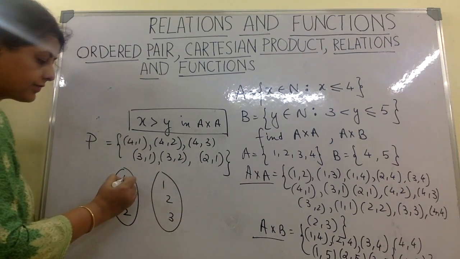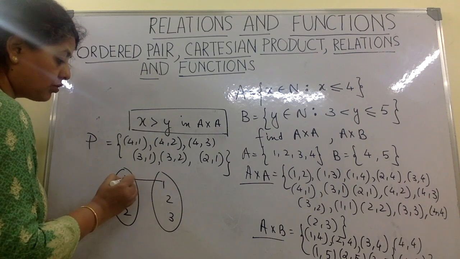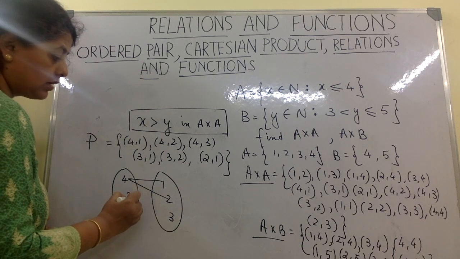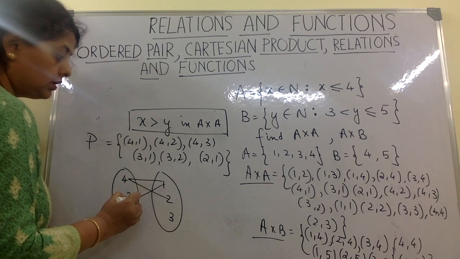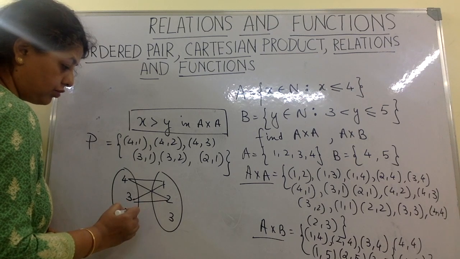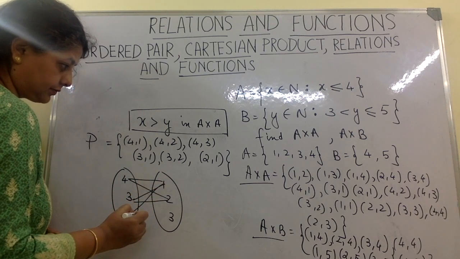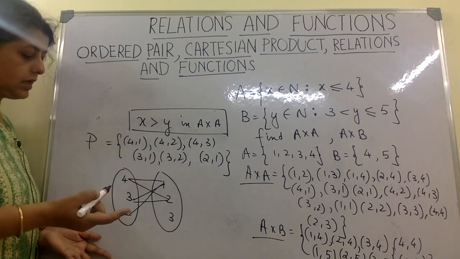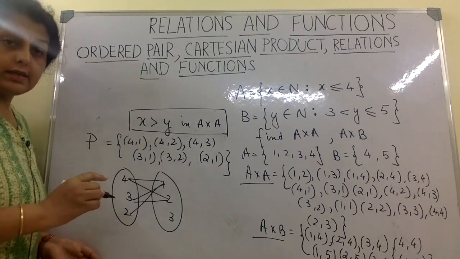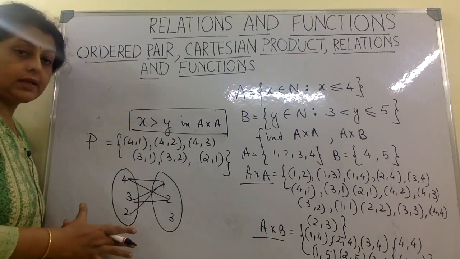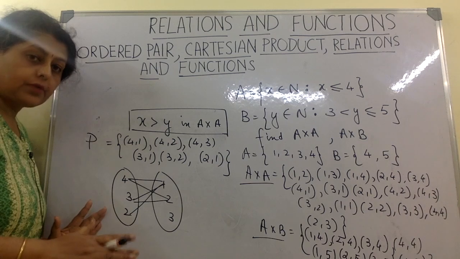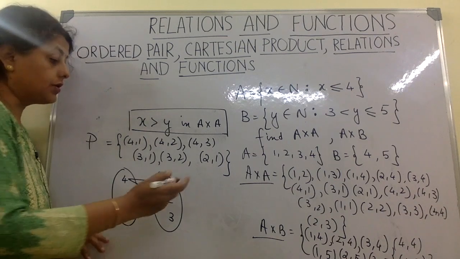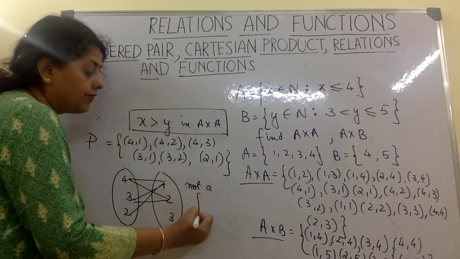Now it goes like this: 4 comma 1, 4 comma 2, 3 comma 1, 3 comma 2, and 2 comma 1. That's it. I can't do 2 comma 3. But this mapping is not a function. This particular relation does not qualify as a function.